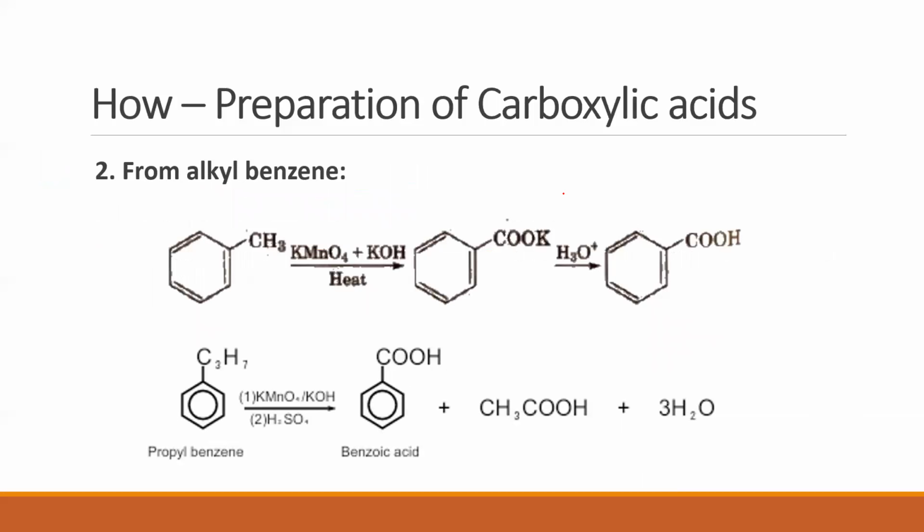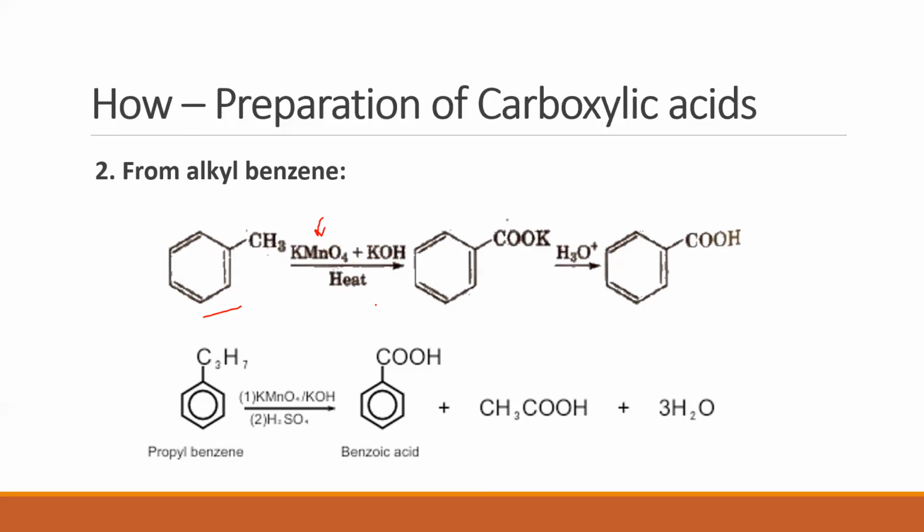All right, coming to the second method, starting from alkyl benzene. Now this is my alkyl benzene. This is nothing but toluene. Toluene is made to react with KMnO4 and KOH. Now what is the nature of KMnO4?